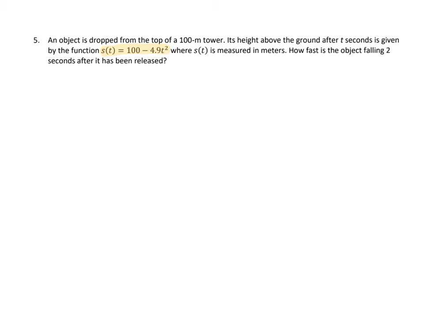So we started at 100 and we're subtracting every second 4.9 t squared. Okay, and we are interested in the exact instant of 2 seconds. And the question is, how fast? How fast are we going at 2 seconds? That is an instantaneous rate of change problem. In other words, we are doing the slope of the curve at a point.